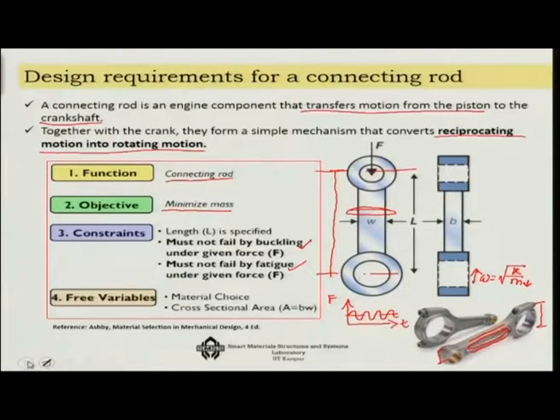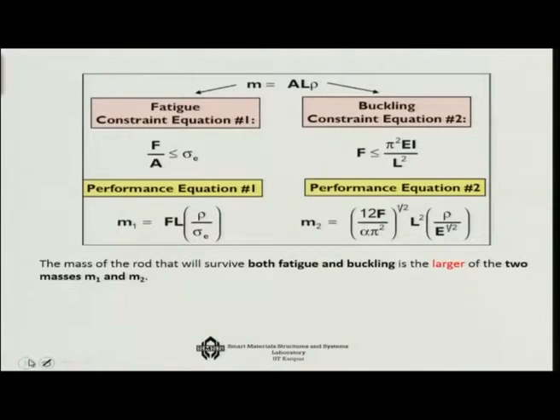If I now consider both of them, so if I summarize it, in one hand we get rho over sigma E, and our mass expression in the first case is M1 equals FL times rho over sigma E. In the second case it was rho over square root of E, and the second case gives us the mass which is of this particular expression.